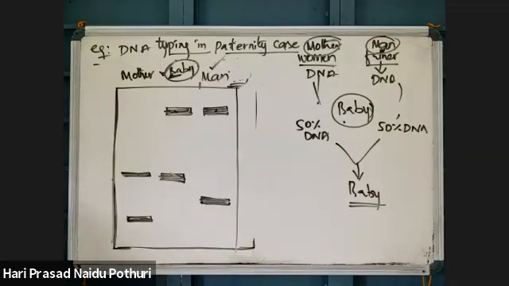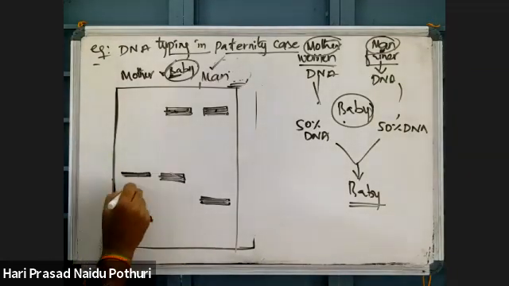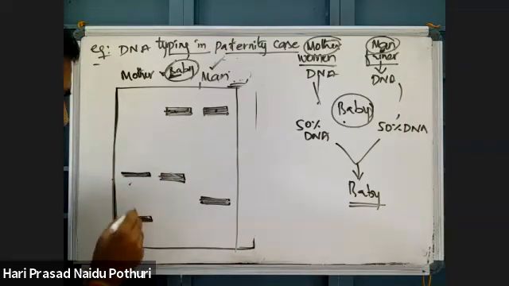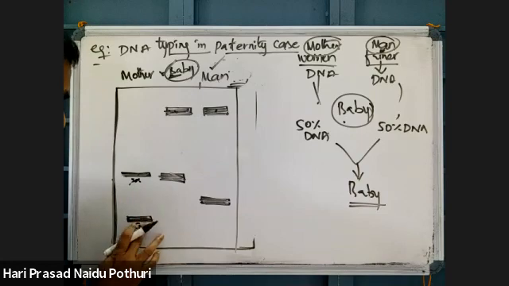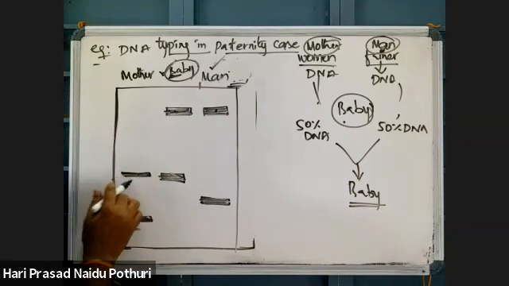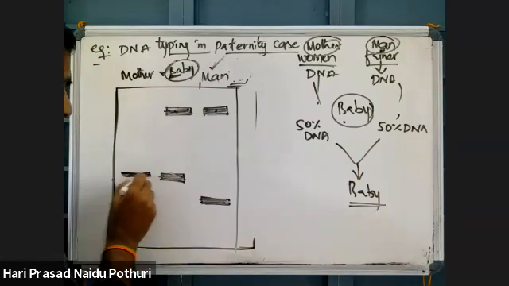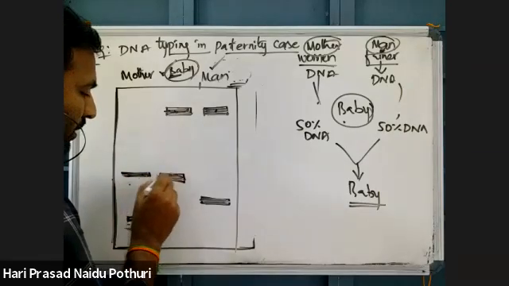Yes or no? So 50% of DNA is coming from mother. So here mother has 50% and here 50%, so some fragments or some part of DNA will match with baby.